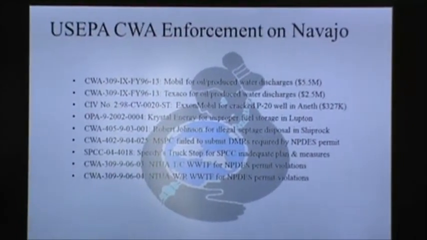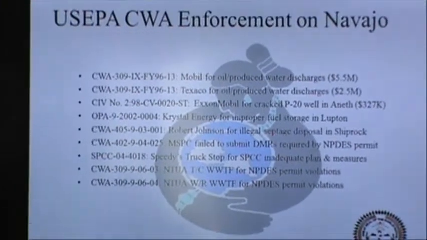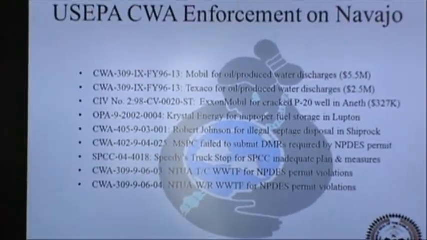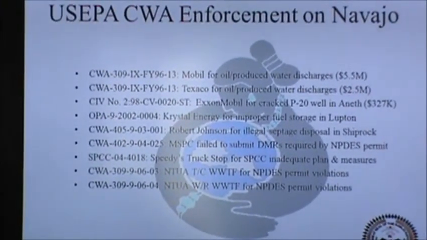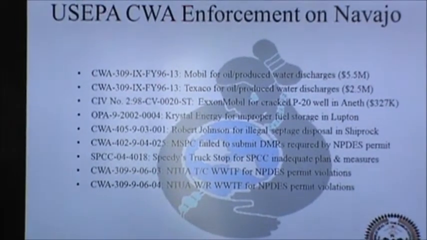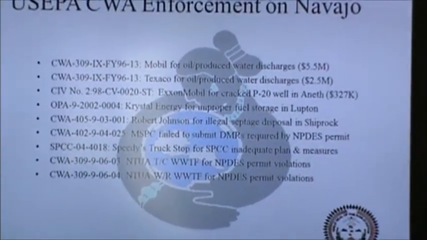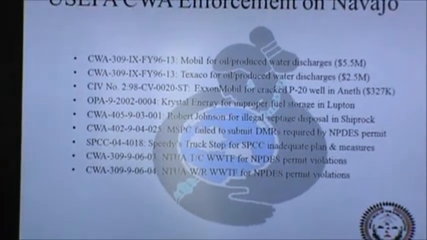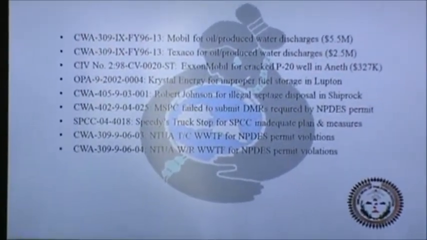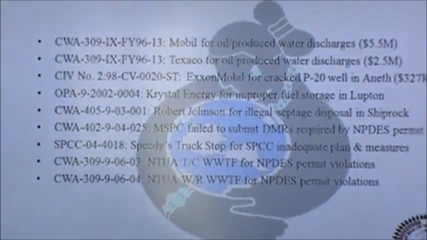These are examples of enforcement actions that were taken by USEPA, and it goes back as far as 1996, where they issued 2 big orders against oil companies that resulted in fines totaling almost $8 million.